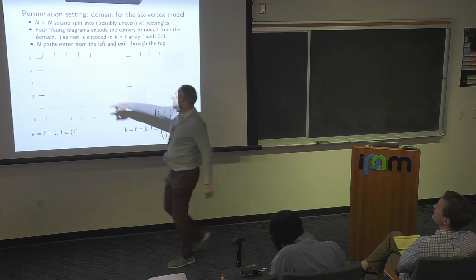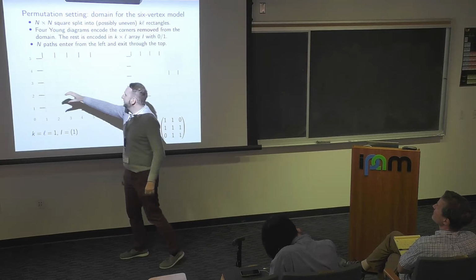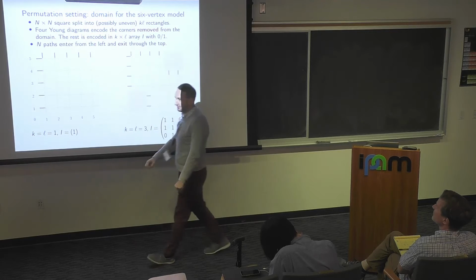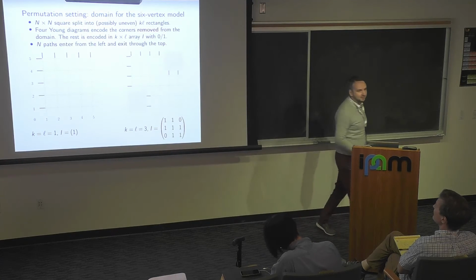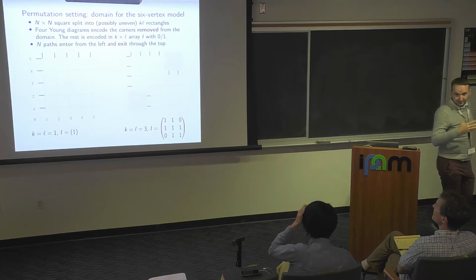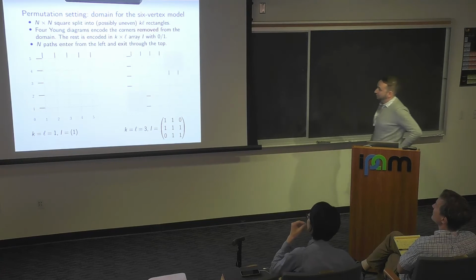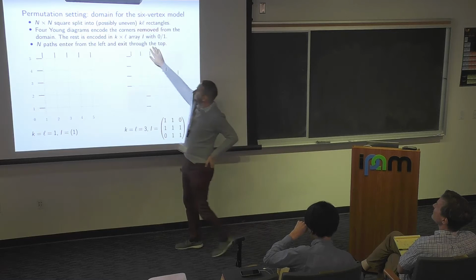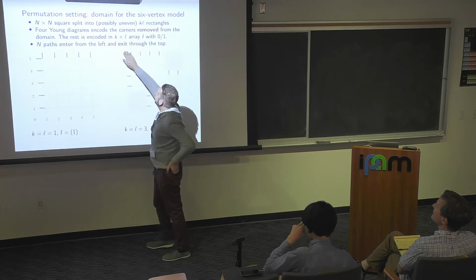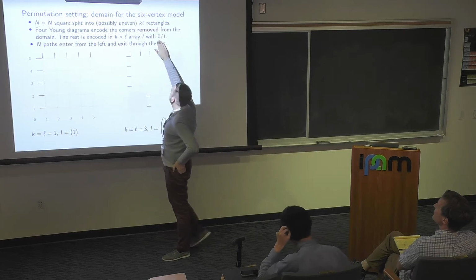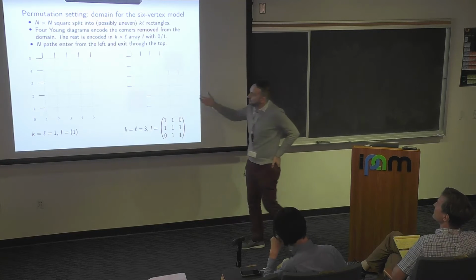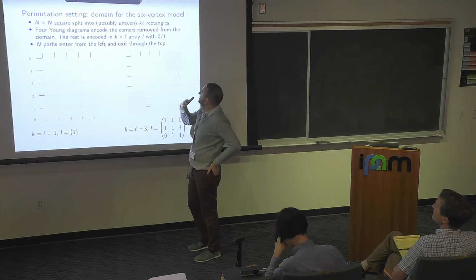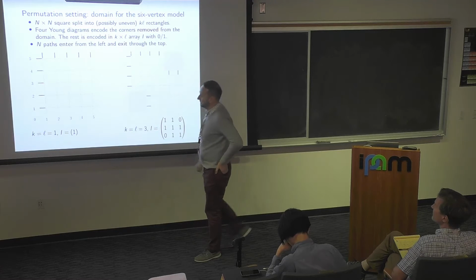So the domain will be the n times n square from which you remove some number of rectangles. The way we'll encode which rectangles stay in the domain and which are removed will be as follows. We'll have a matrix I, maybe better to say an array I, of size k times l, which is filled with zeros and ones. If you see 1, then you keep that rectangle. And if you see 0, then you remove this rectangle.